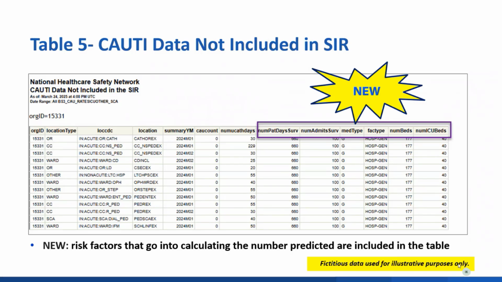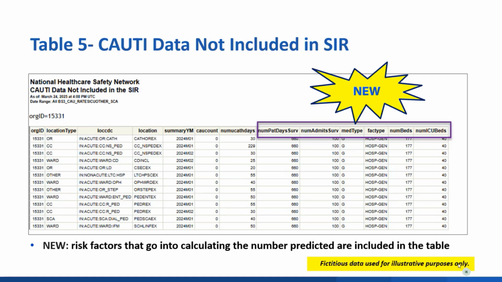If any of those required data elements are missing for a record, that record cannot be used in that final SIR calculation. You can see in the screenshot here that Table 5 lists those records and flags why they were excluded. Again, common reasons include missing risk factor data, missing survey level data, or missing device days, all of which prevent the model from calculating the number predicted.